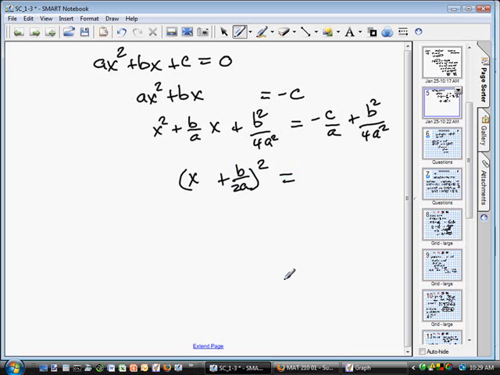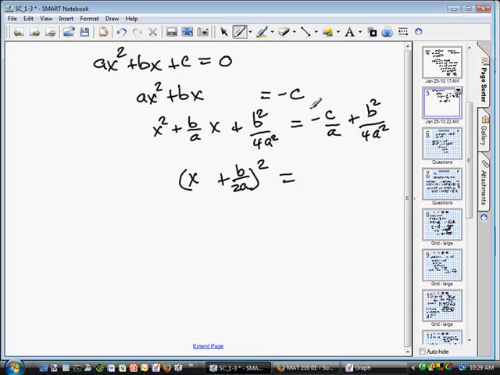Okay, now we have a little bit of a mess on the right. In this regard, I'd like to add those together, but they don't have a common denominator. So we can remedy that by taking the first fraction and multiplying it top and bottom by 4a, couldn't we? Because then it would be minus 4ac over 4a squared. And then we'd have a common denominator. Does everybody see that?